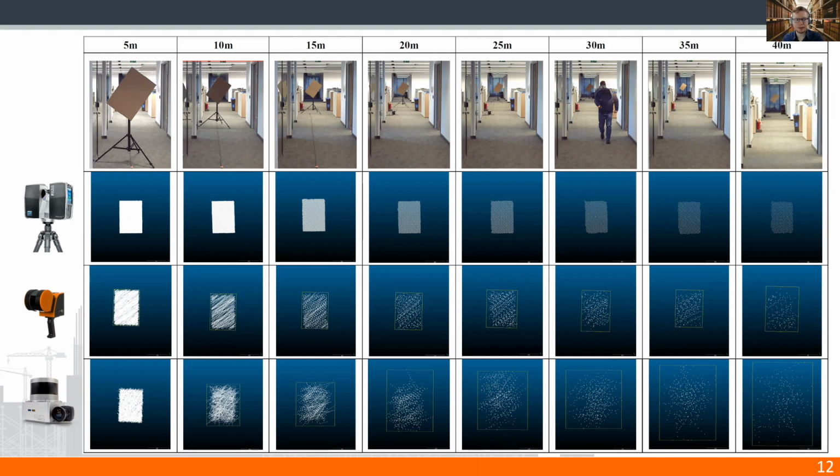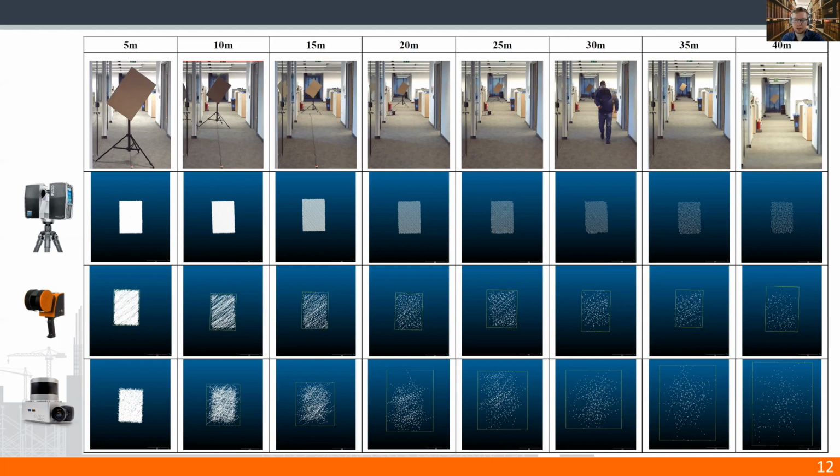For the static scanner, the shape of the point clouds at all the distances is relatively consistent. It is more or less a rectangle, whereas for the mobile laser scanners, the noise of the points grows along with the distance. It is the case for both of the tested mobile devices. I have illustrated this with these bounding boxes surrounding the point clouds.